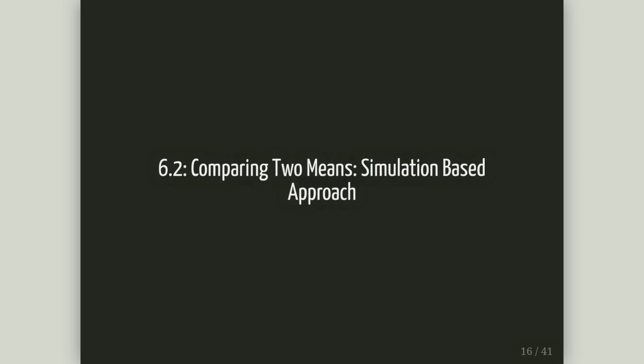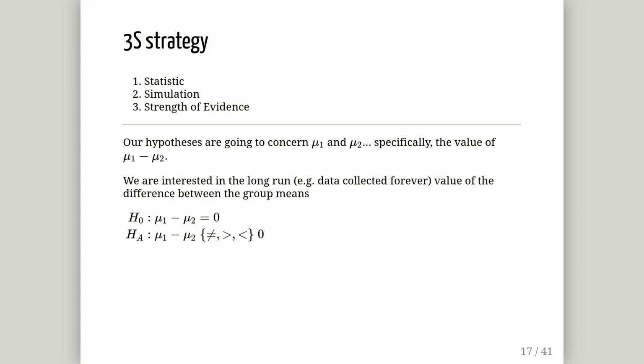Hello, and welcome to Chapter 6.2, where we will be talking about how to use simulation to compare two group means. Just as a review, we used a 3S strategy, where the S's are: 1, statistic, so we compute our sample statistic. 2, simulation, we conduct a simulation to explore what our sample statistic would look like under random chance.